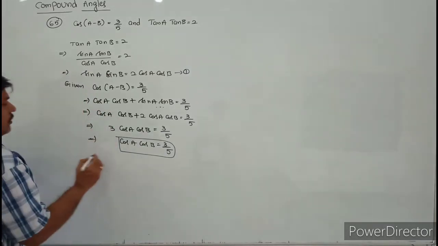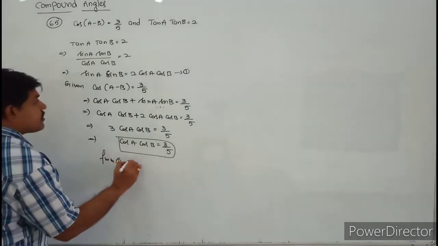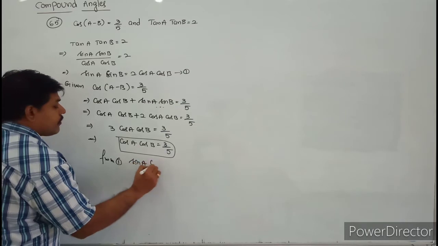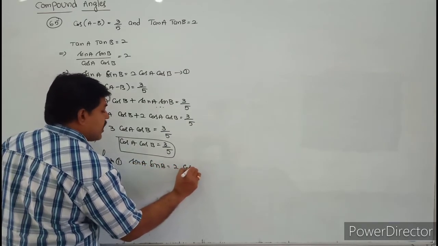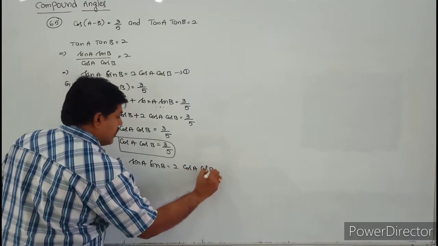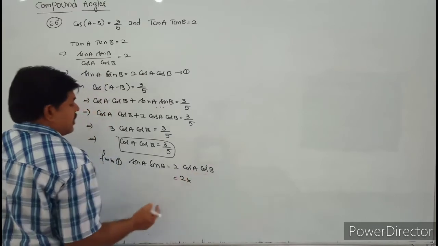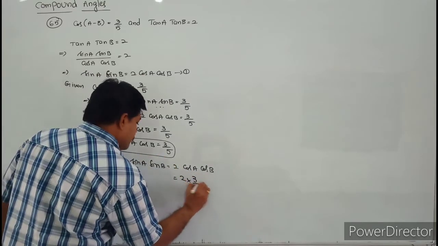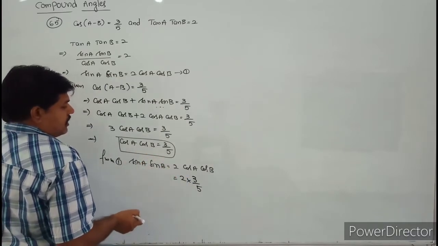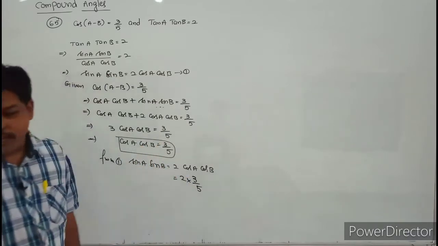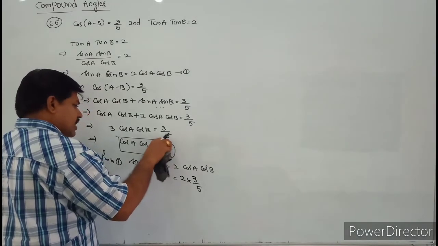And from equation 1, what is equation 1, students? Sin A sin B is equal to 2 cos A cos B. So that implies 2 into cos A cos B, and cos A cos B value is 1 by 5.